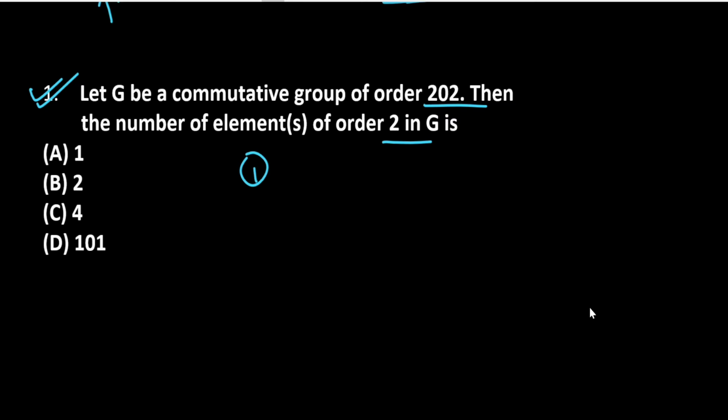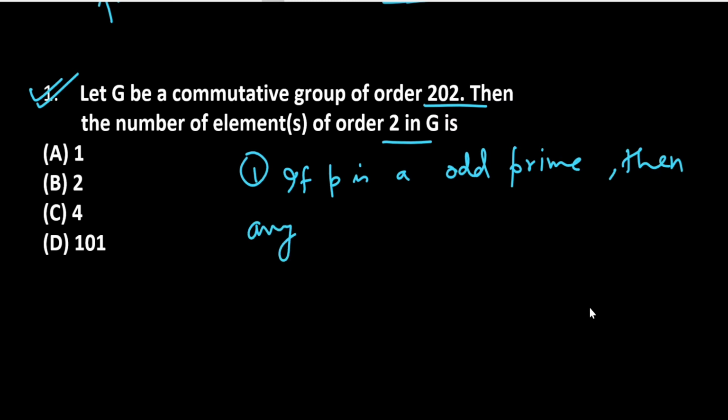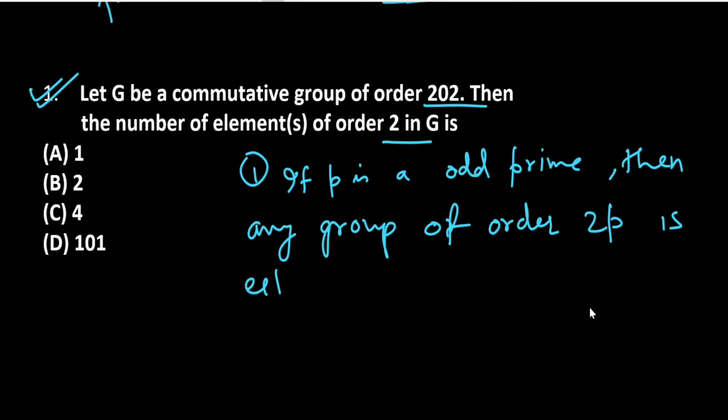The concept number 1 which is used here is, if p is an odd prime, then any group of order 2p is either cyclic or dihedral.